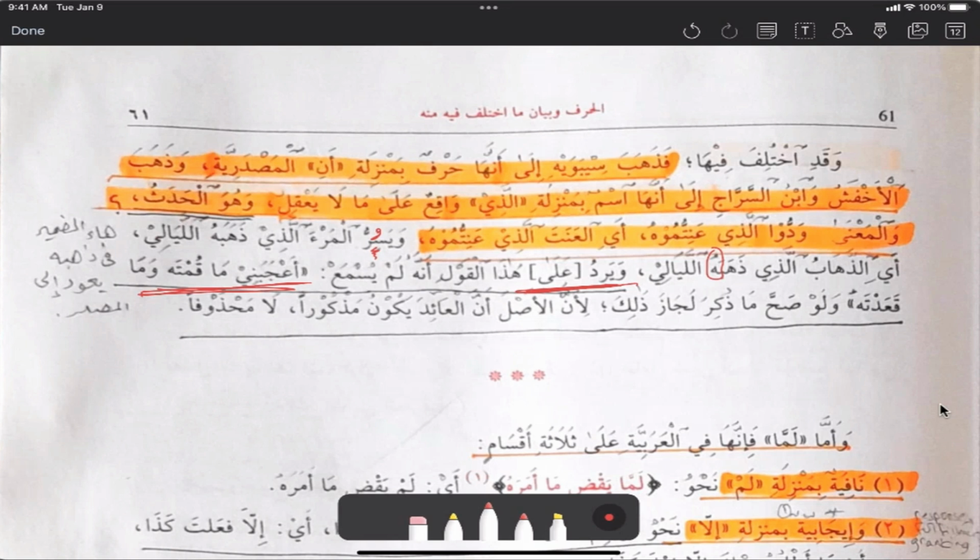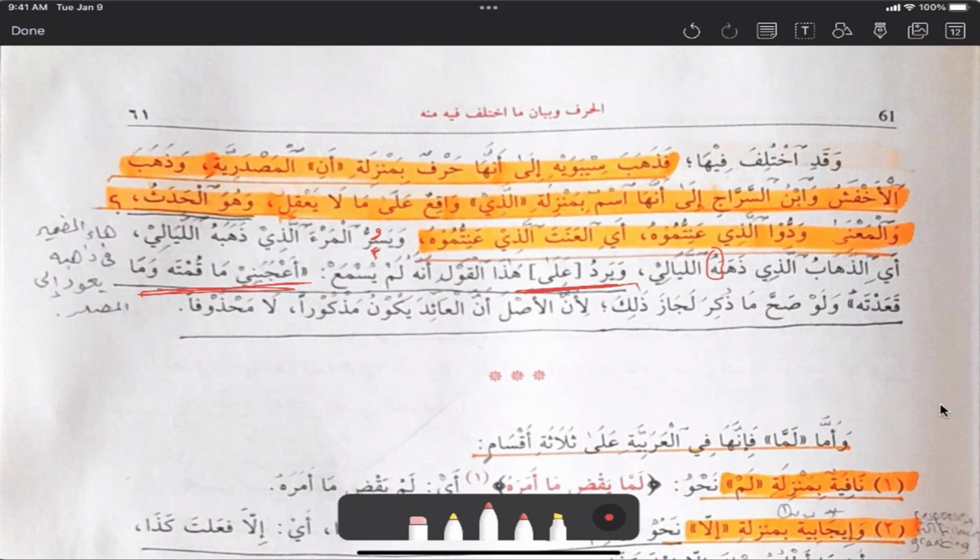It impresses me that you stood. That would mean أَعْجَبَنِي قِيَامُكَ, it pleases me that you stood. Okay, but it wasn't heard in Arabic anyone saying أَعْجَبَنِي مَا قُمْتَهُ meaning أَعْجَبَنِي قِيَامُكَ.